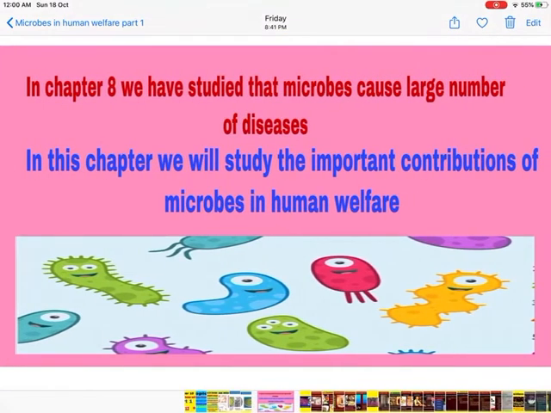In chapter 8 we have already studied that microbes cause many diseases. वो हम पढ़ चुके हैं चैप्टर 8 में. बहुत सारी diseases हो जाती हैं microbes से, but in this chapter we will study about the uses of microbes in human welfare, their contribution in human welfare.